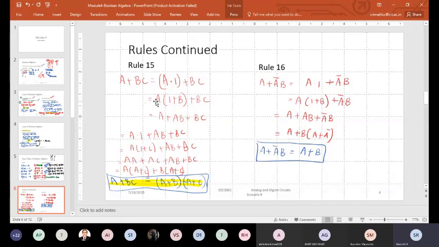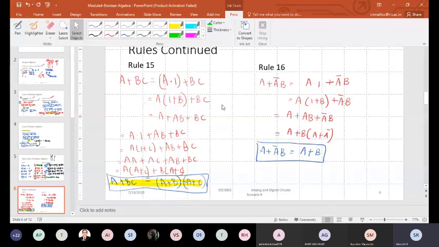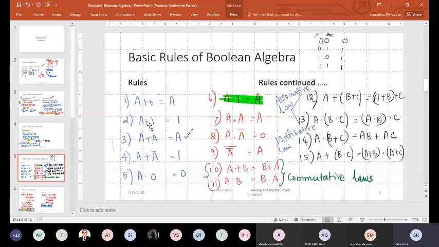Again, how can I write this 1 in addition form? Because see guys, the other literals are b and c. Somehow I have to introduce this b here. 1 can be written as 1 plus b, because I need the second variable for simplification.